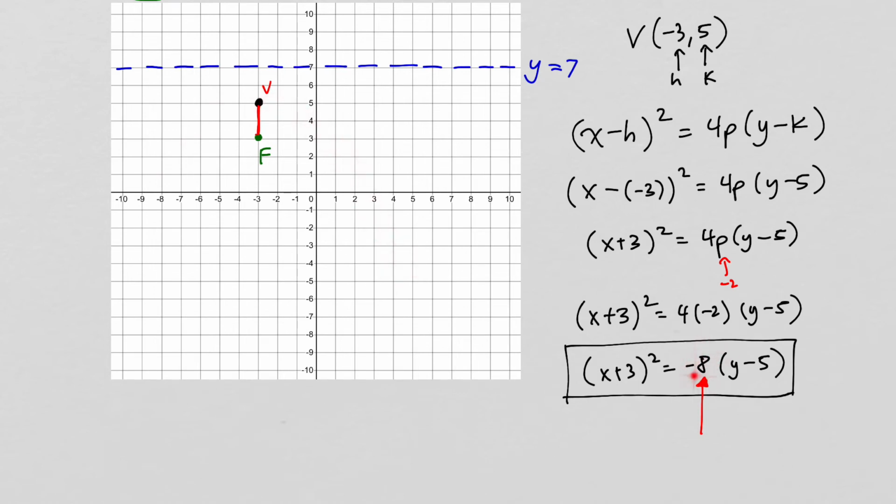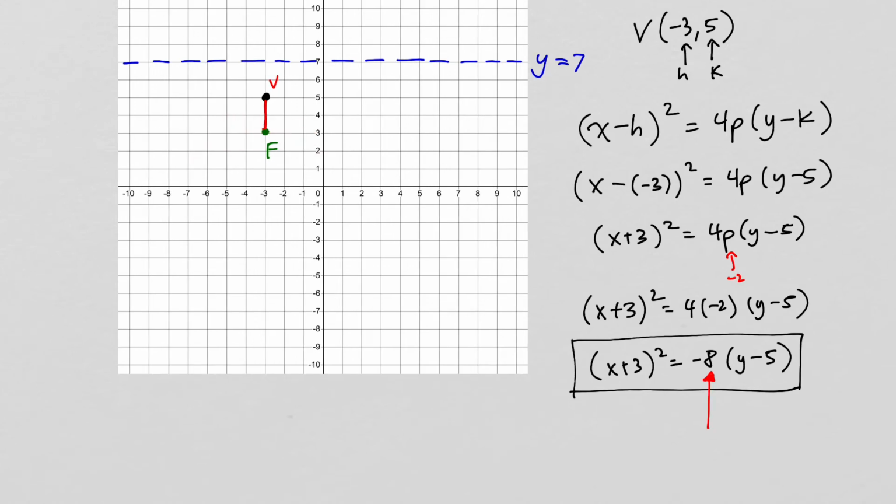The significance of the number 8 is that if you go to your focus and you go 4 units to the right and 4 units to the left, that gives you a total of 8 units across. We know the parabola is going to pass through these 2 points.